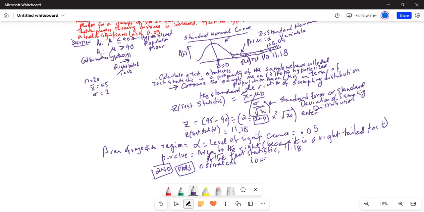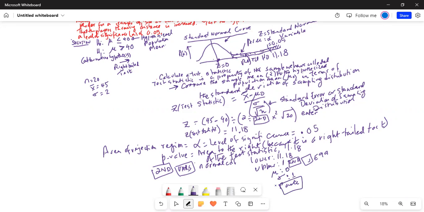My lower is 11.18, I'm starting from there. My upper is a very large number on the right: 1, then second button, comma button, will get me the capital E, 99. And my mean is 0 because it's the standard normal curve, and sigma is 1. Paste, enter, and enter.